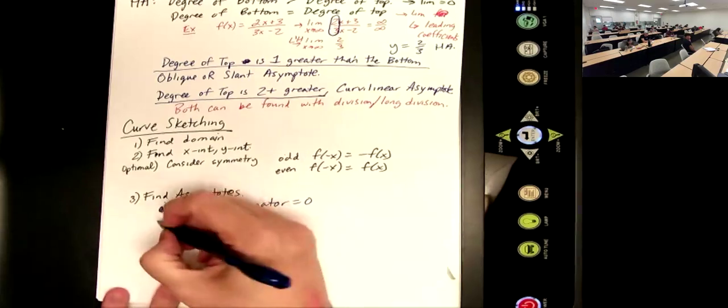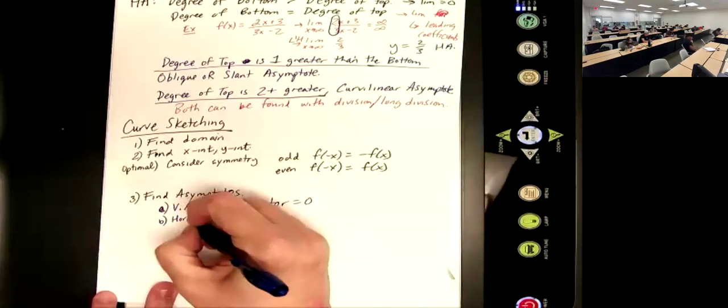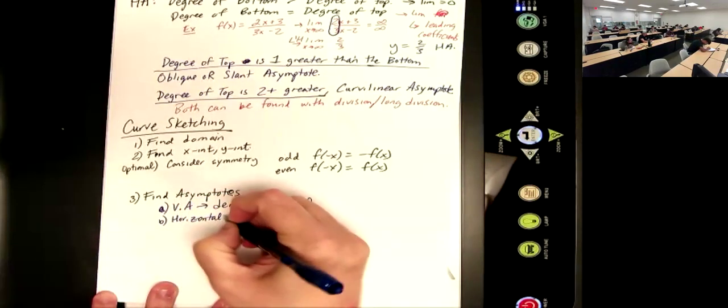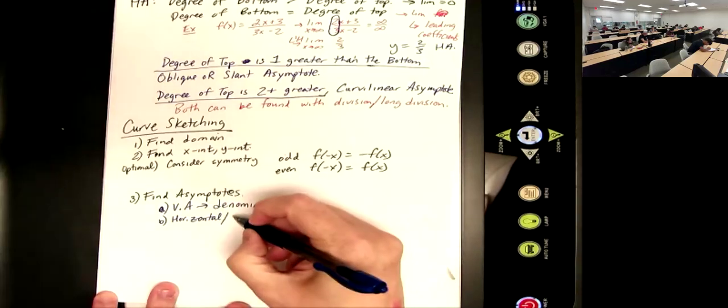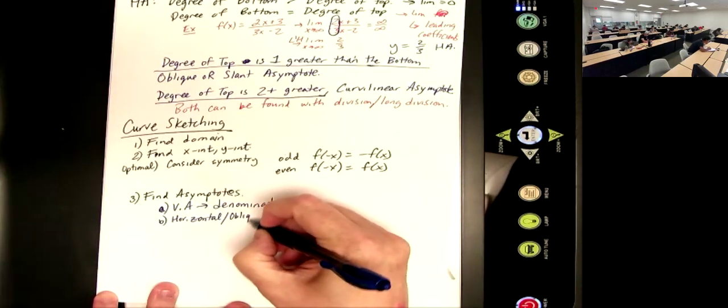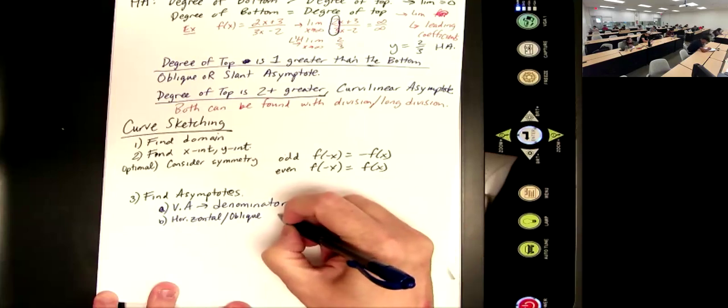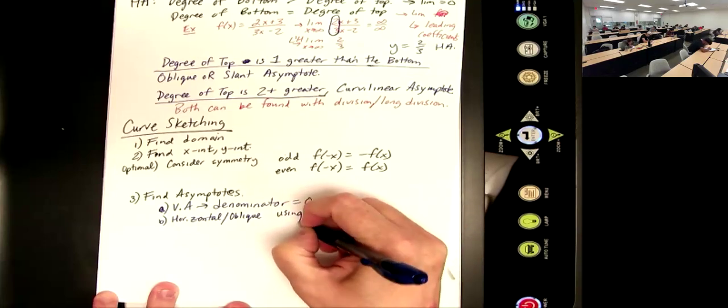And then B, horizontal or oblique, using division or long division.